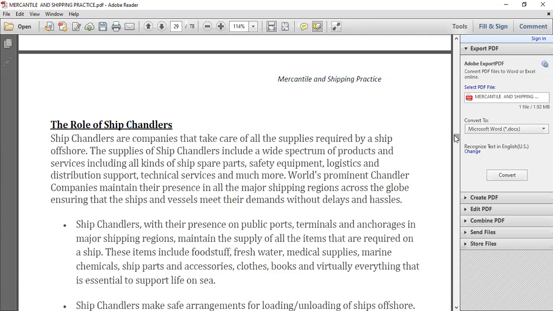Open registry is a type of registry that allows ships of a foreign country to come and register in a home country. For example, if Kenya offered an open registry, which is not the case, it could allow ships all the way from Europe and the rest of Africa to come and register here. That is an open registry. Closed registry is only for the ships which belong to that particular country and not any other.